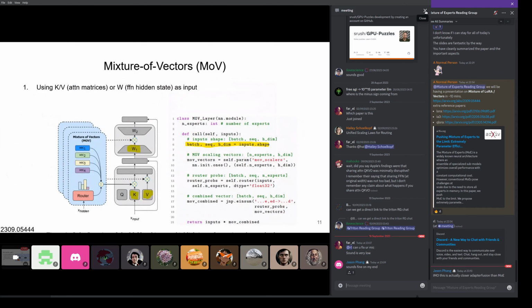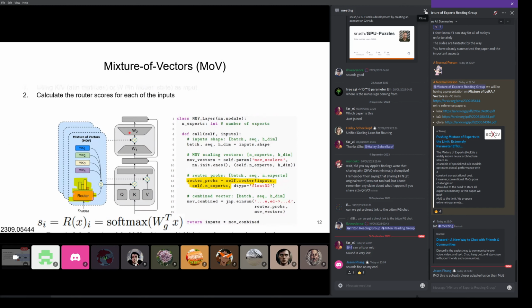The MoV layer, which is an extension of the IA3 parameter efficient fine tuning technique, first takes the input, which is either going to be the key values or the value values or the feed-forward hidden states within an attention layer or within a feed-forward layer.